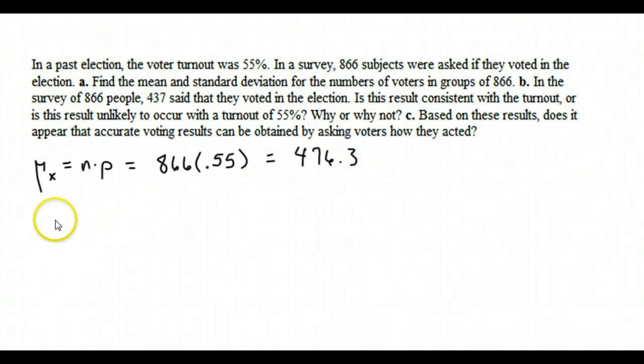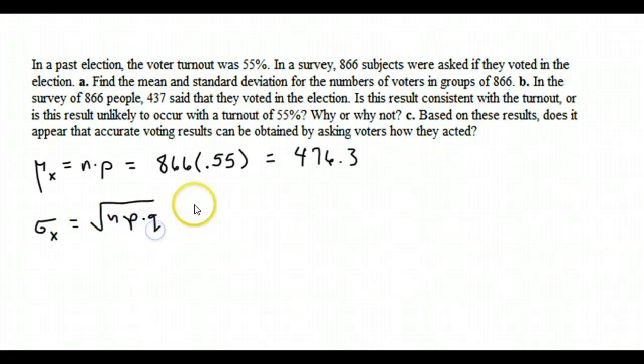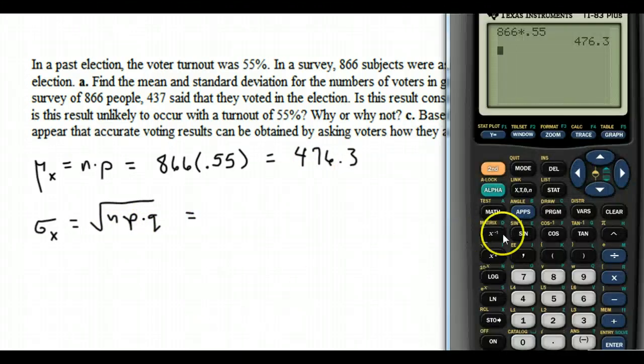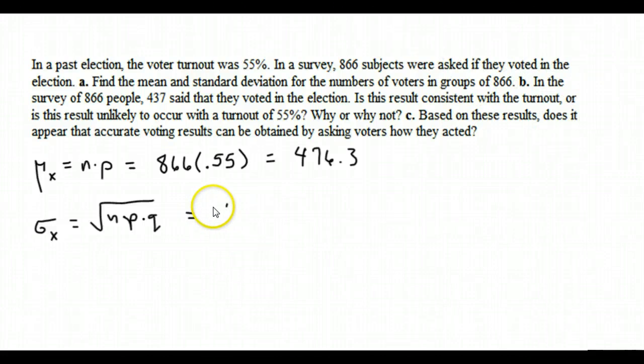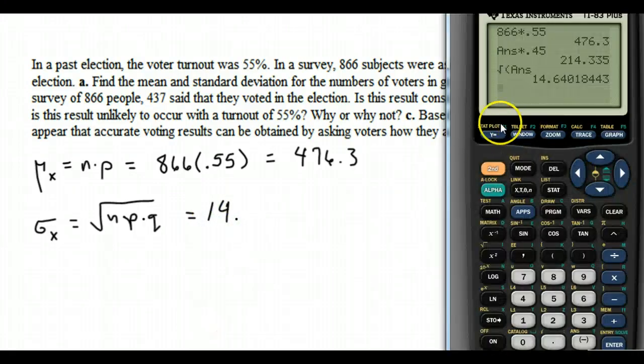And then the standard deviation is the square root of n times p times q. Again, n times p we just computed. So I multiply that by q, which is 1 minus p, so that would be 0.45 in this case, and then take the square root of that. So that's 14.64, to 2 decimal places this time.